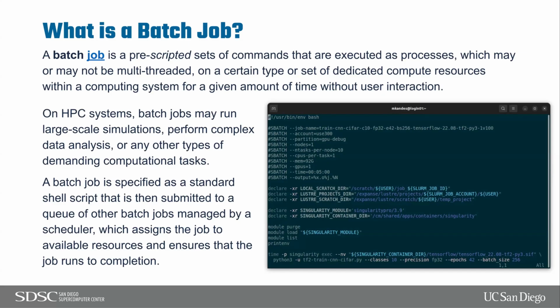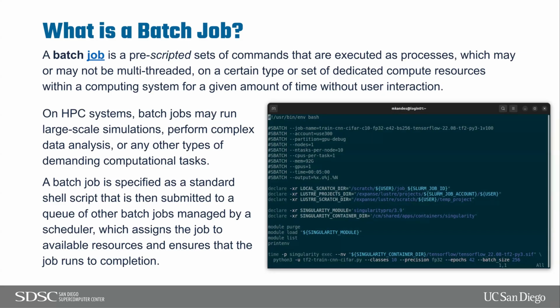We'll go through the different parts of these scripts as I walk through the examples later, so I won't go into detail here. But it really is just a set of commands in a shell script that define what resources you want from the HPC system to run the set of commands that appear later in the script.